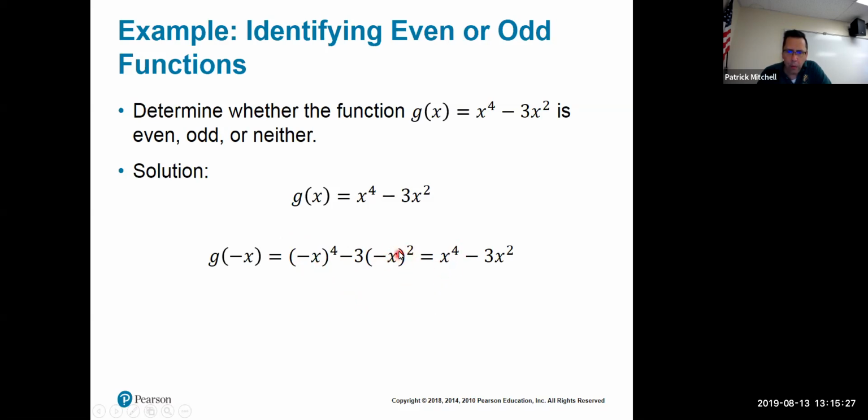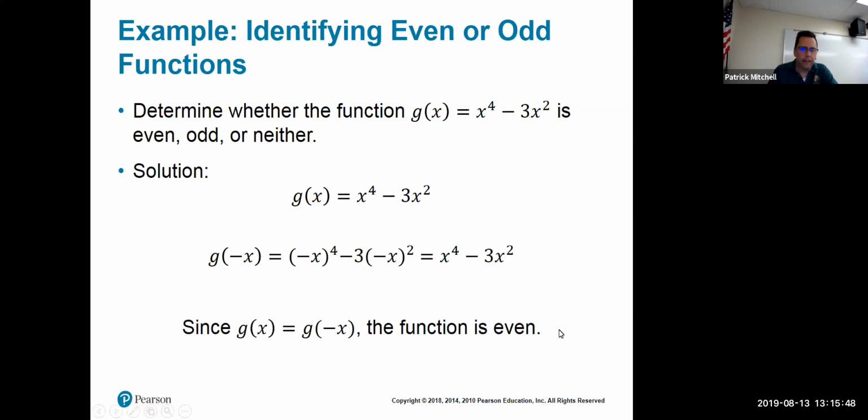And the second power of opposite x is the same exact thing as second power of x. So in other words, replacing x with opposite x makes absolutely no difference. It gives you back the original function. So that means g at opposite x is exactly the same as g of x, and that makes this function even.